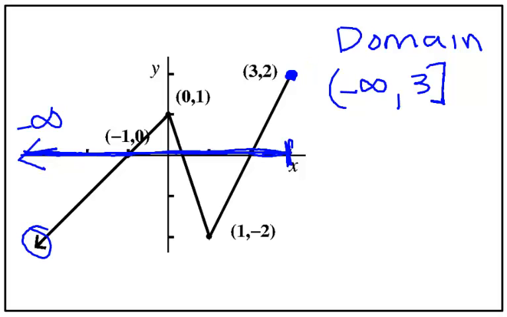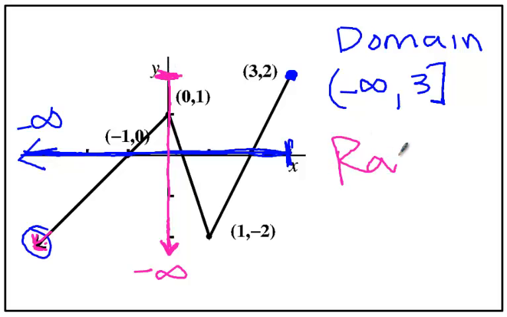The range, very similar. We're going to start off with the minimum. It looks like this could be the minimum, but we've got to remember that this arrow right here indicates that this graph is going to go forever down. And forever down, the negative direction, is negative infinity for the y's. And the graph goes up and up and up, all the way up to the value of 2.